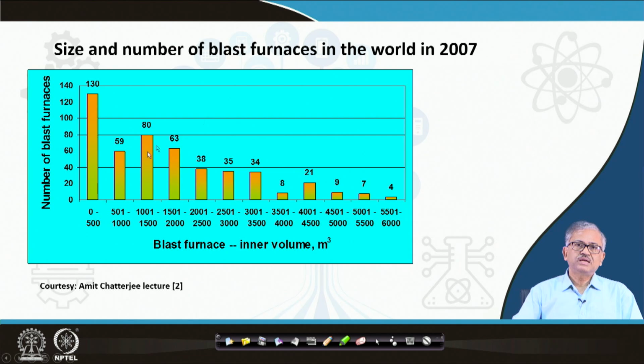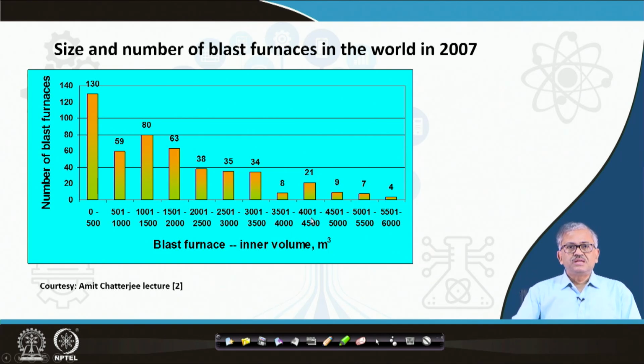In 2007, 0 to 500 meter cube furnaces were the maximum, 130, okay, and as the furnace volume is increasing, the number of blast furnace units over the world was decreasing. For 5,000 to 6,000 it was only 4, so very big furnaces are very limited.